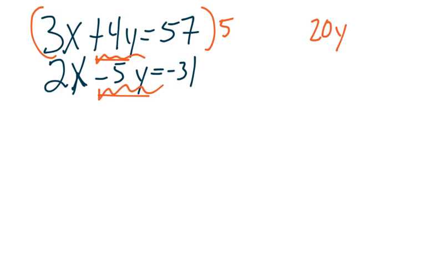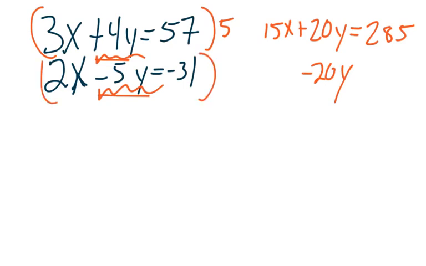So 5 times 3x is 15x plus 20y is going to equal 285. Now we want 20y for the bottom, or the second, equation. To get 20y, we're going to have to multiply the bottom equation by 4.